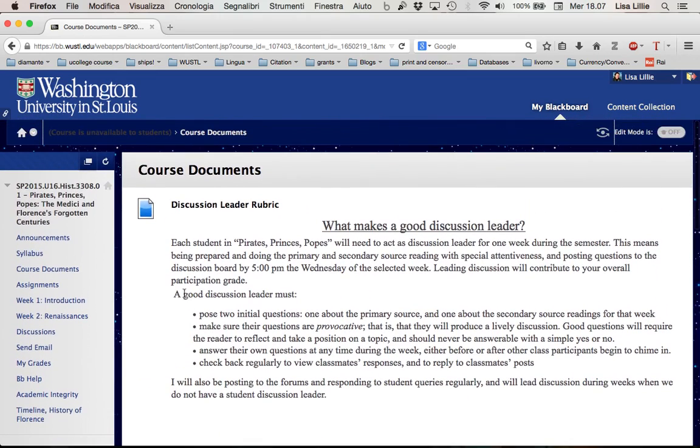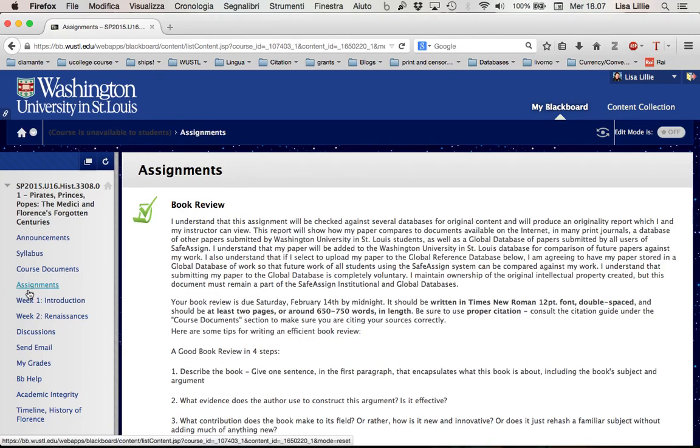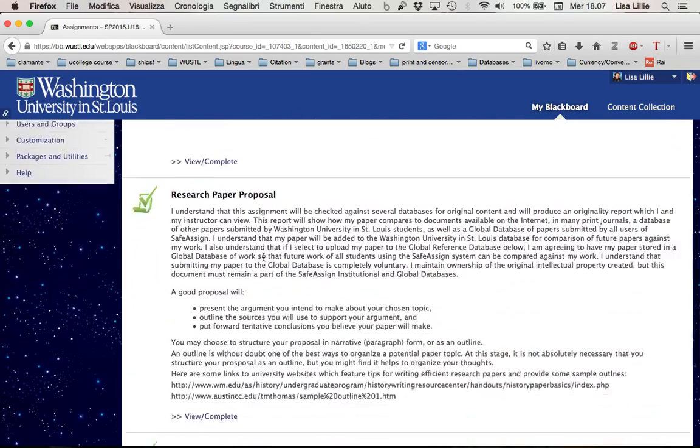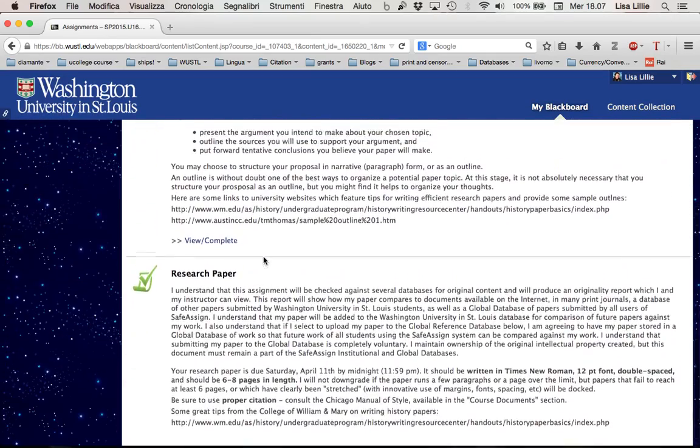All right, so going back up to the top, again on the left-hand column, we have assignments. This is where you're going to go to submit your main assignments, which are the book review and the research paper. The book review is graded. The research paper is also graded.